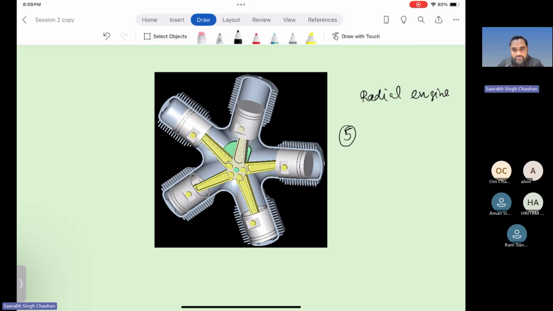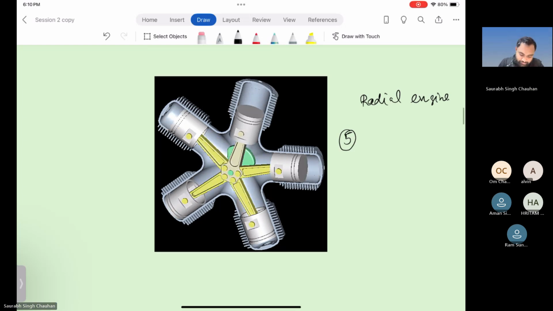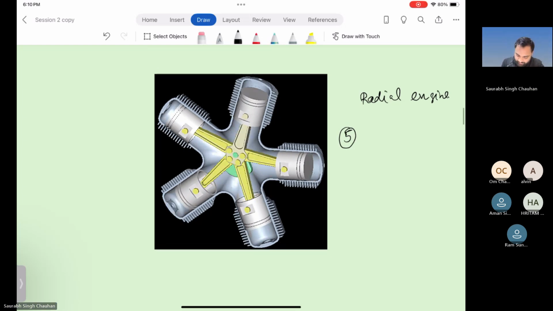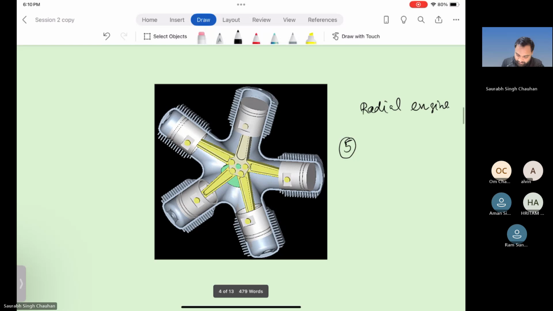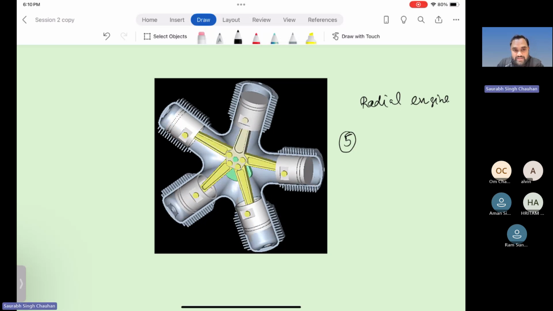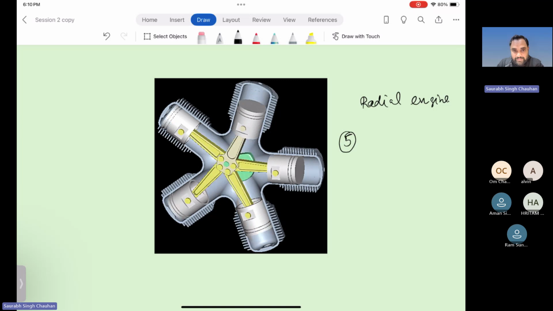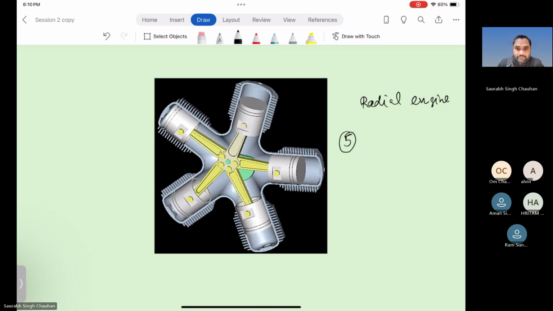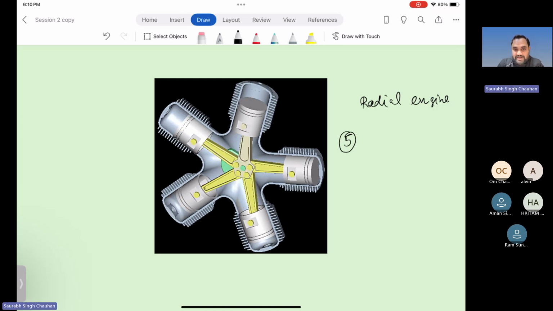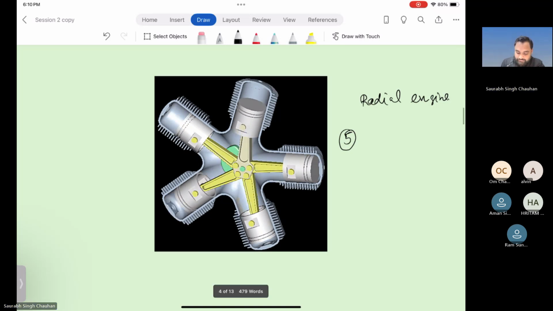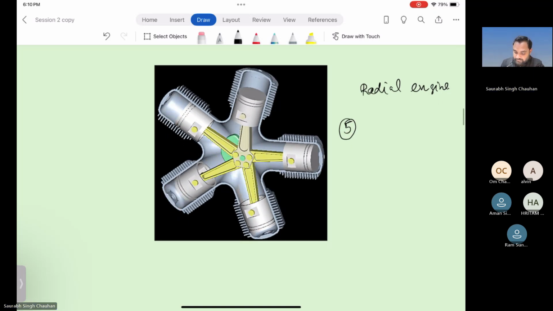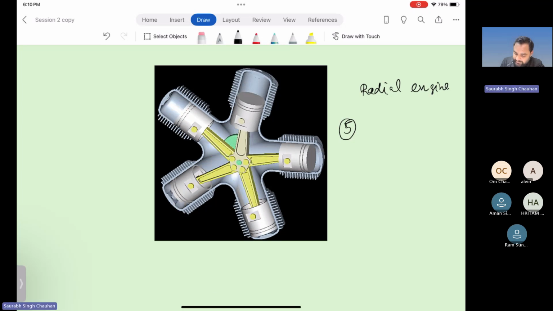If you have visited any place where you find older engines, there you can see this type of engine. If you visit any technical museum, then you can see these types of engines. Here there are five cylinders.